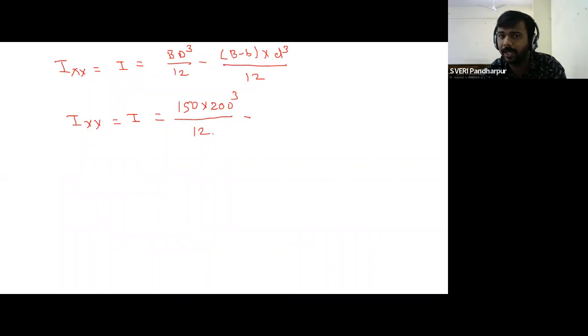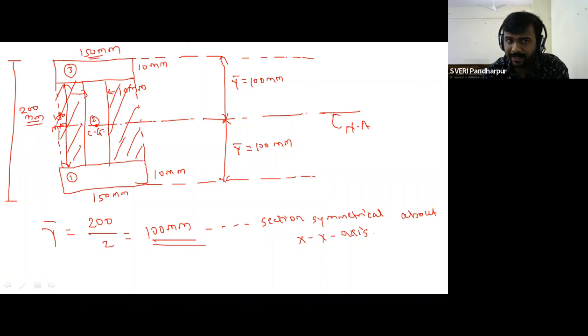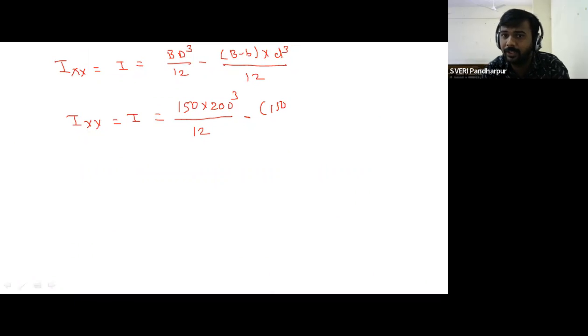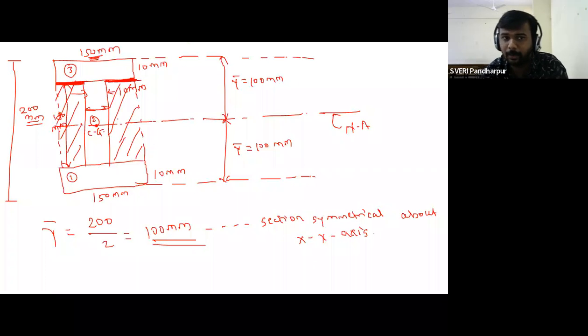मग पहिल्यांदा 150 into 200 cube divided by 12 minus, आता बघा, आता हे कडचे जे दोन रेक्टँगल आपल्याला सबट्रॅक्ट करायचे, त्याची आपल्याला बी ची व्हॅल्यू काढायची. बी व्हॅल्यू म्हणजे कुठली येणार आहे बघा, इकडची एवढी साइड आणि ही साइड, मधली साइड येणार आहे का त्याच्यामध्ये, वेबचं डायमेन्शन आपल्याला येईल का त्याच्यामध्ये, कारण हा आय सेक्शनचा पार्ट आहे. वेब म्हणजे हा व्हर्टिकल वेबचा हा पार्ट आहे. मग हे दोन सेक्शनचं डायमेन्शन काढायचं असेल तर ह्या टोटल 150 मधून आपल्याला वेबचं डायमेन्शन 10 mm सबट्रॅक्ट करावं लागेल. म्हणजे 150 मायनस 10 हे केलं तर तुम्हाला हे डायमेन्शन मिळाले. दॅट्स वाय आय हॅव रिटन कॅपिटल बी मायनस स्मॉल बी. मग कॅपिटल बी किती आहे, 150 मायनस 10, आणि जे दोन रेक्टँगल सबट्रॅक्ट करायचे त्याची हाईट किती आहे, 180.